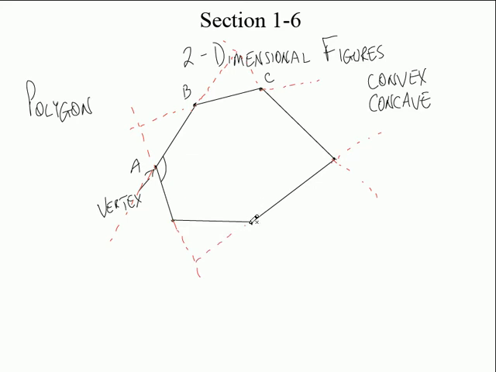I'm taking each one of those segments, each one of those sides of my polygon. That right there is a side of a polygon. Okay, each of those segments is called a side. But if I extended them all out, look, none of those dotted lines went inside the polygon, did it? Every one of them went outside the polygon. So if I was to extend all those sides, they're always going to intersect outside the polygon. That means that's a what?